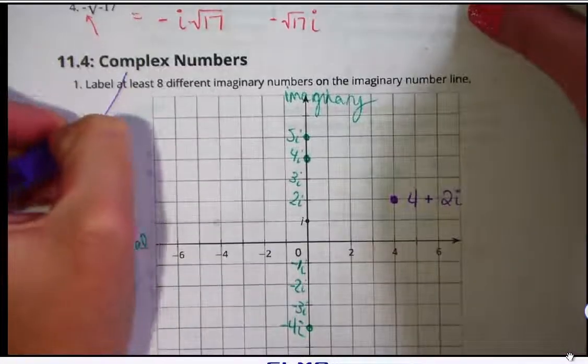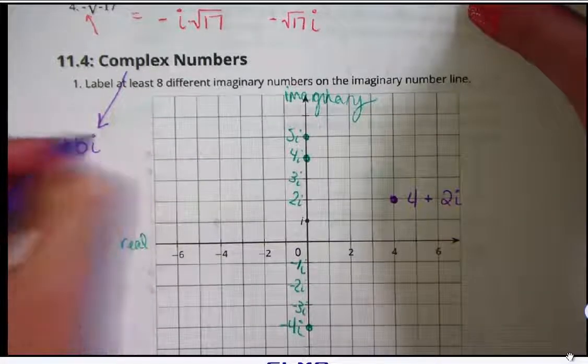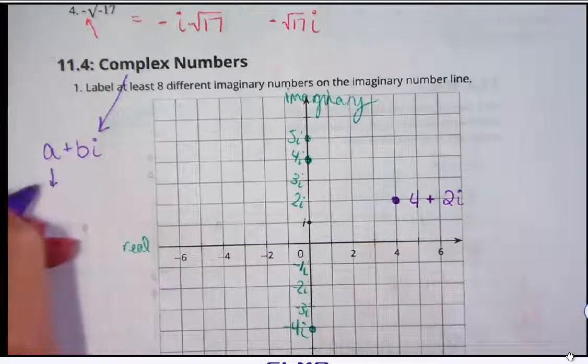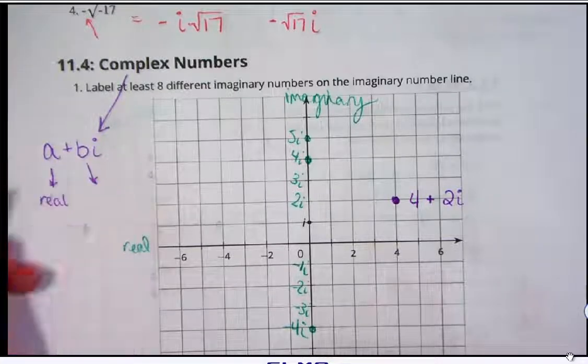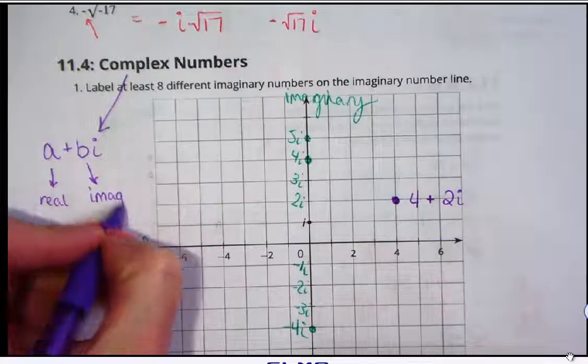So a complex number is in the form a plus bi. You're going to see that a couple times throughout our unit, where the a is the real part. We start with our feet in the real world, and then we're going to dip our toe into imaginary.